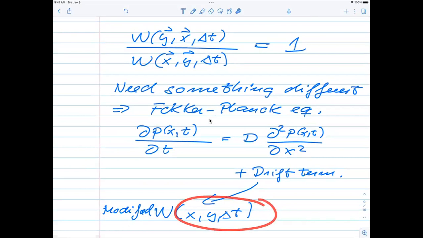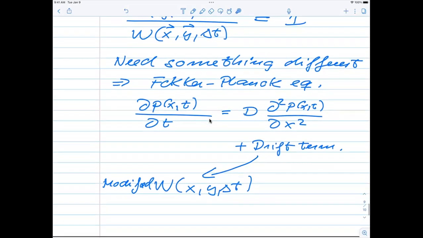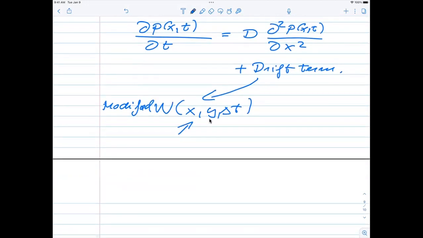If we keep only the standard diffusion term, we can solve that analytically. But we can also solve it analytically for some specific drift terms, and that's what allows us to find a model for this W, which we loosely call from j to i here.